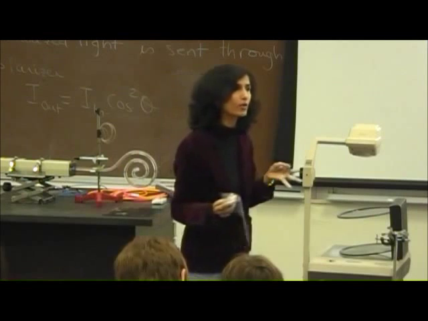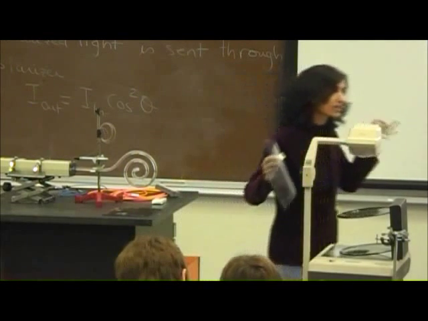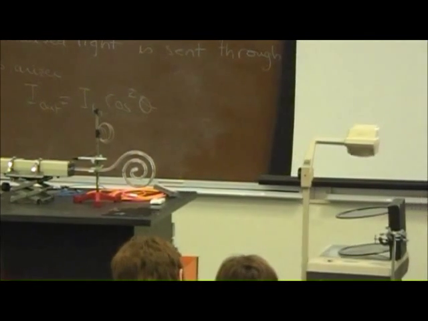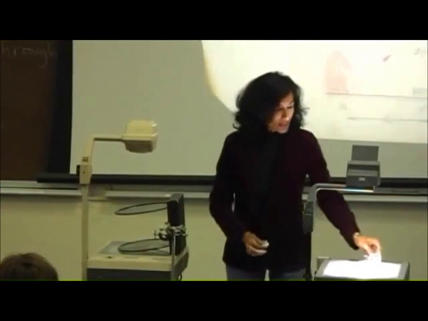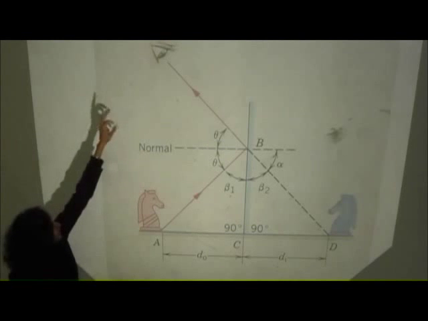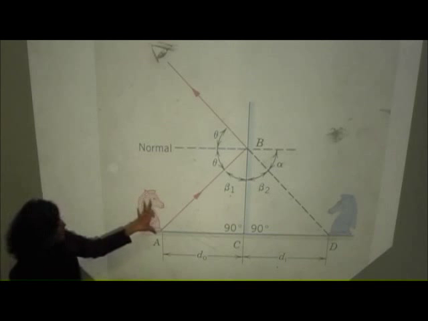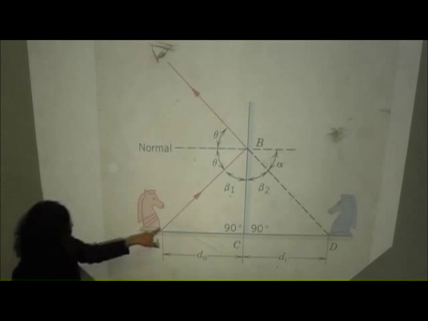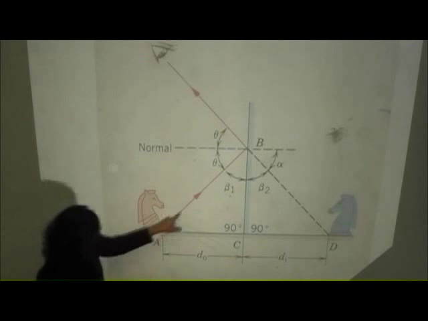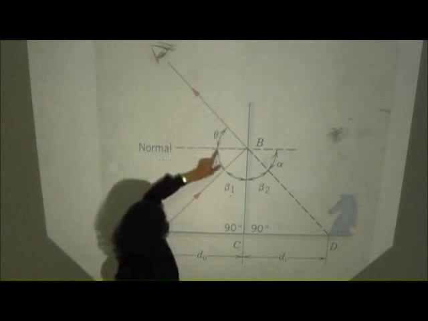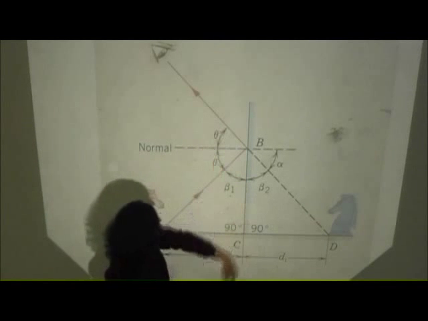You always have to think about, why am I able to see something? Because there must be some light from some object that is hitting your retina, and then you see, oh, this thing is there. Now here, suppose this is your mirror, and that is our eye over there. The question is, will I be able to see the chess piece or not? The answer is yes, because the light from the chess piece goes and reflects such that the angle of incidence is equal to the angle of reflection.